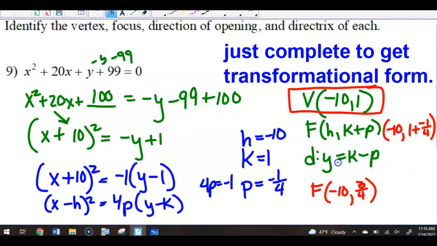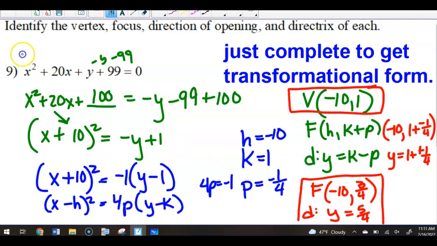And then the directrix would be y equals k, which is 1, minus p, which is negative 1/4, and minus that negative would become plus positive. So we actually get, for the directrix, y equals 1 1/4, or 5/4, or 1.25. I'm not going to be picky. All right, so there is one more example where you had a negative p.